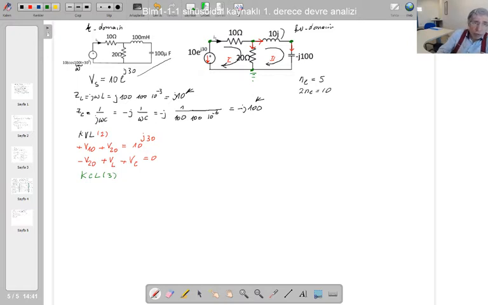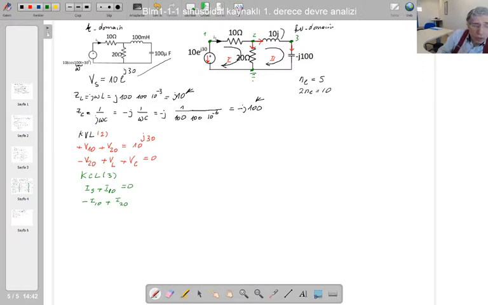For the first node, both of the currents are coming out of the node. Therefore, IS plus I10 is equal to 0. For the second node, this current is towards the node, minus I10, and plus I20, as this current is coming out of the node, that's why it is plus.